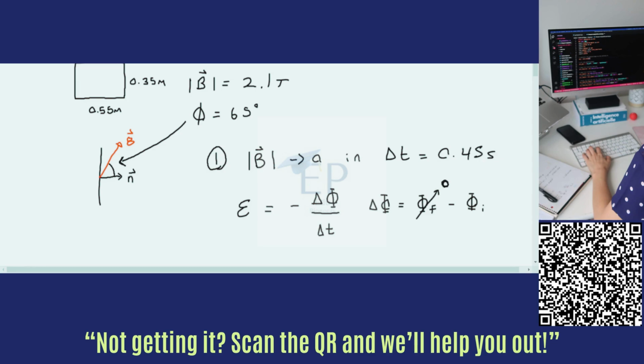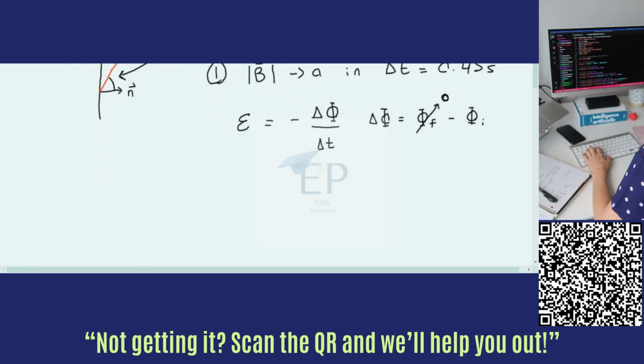And the initial magnetic flux we can determine by recalling that the magnetic flux for a uniform constant magnetic field is just going to be B times the area of our loop times the cosine of the angle between our magnetic field and the surface normal of our loop, which in this case, that angle is just going to be 65 degrees.